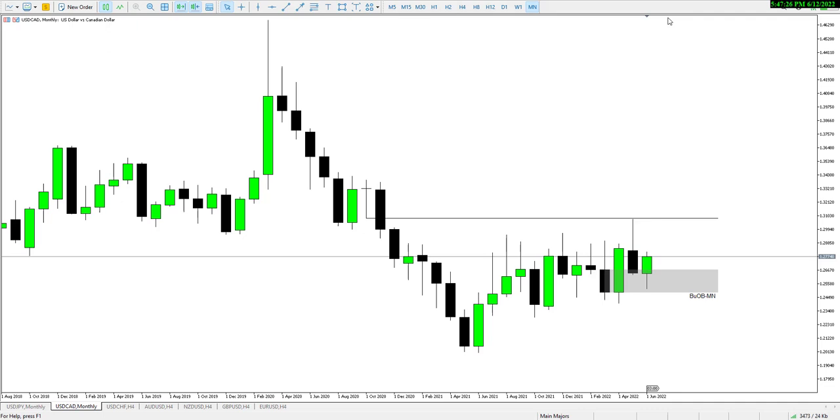That will also provide you an opportunity to short USDCAD. But as it is right now, the draw on liquidity is to the upside. I'm targeting for USDCAD to trade. Let me see what price point is this.